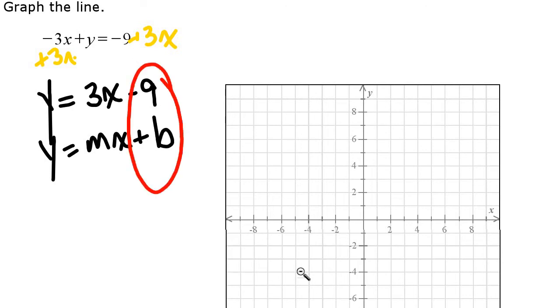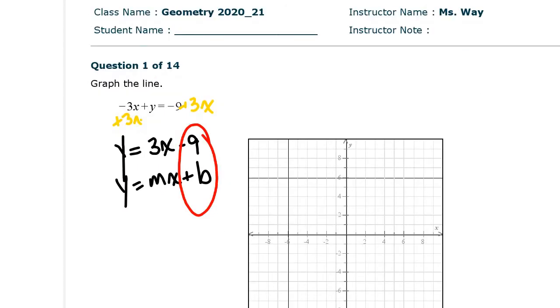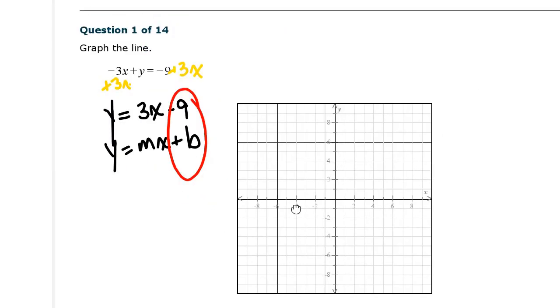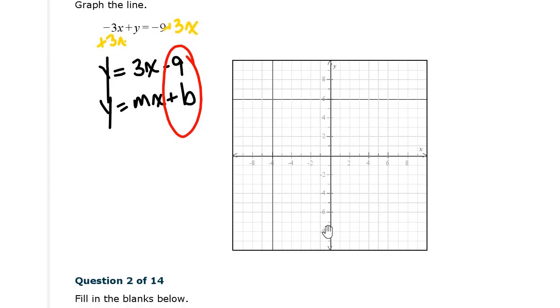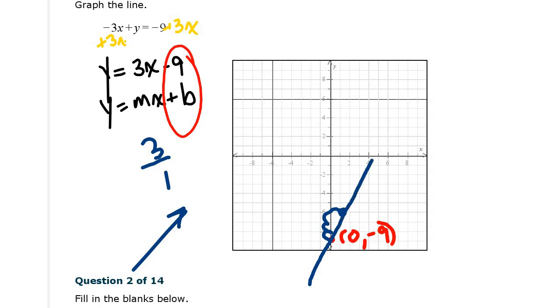In this case, it's negative 9. It's the y-intercept, which means you start on the y-axis. Your rise and run is 3/1. That's a positive line going up from left to right. And there is your line.